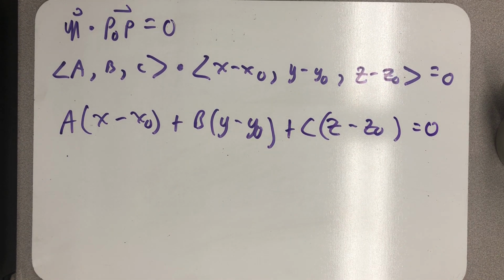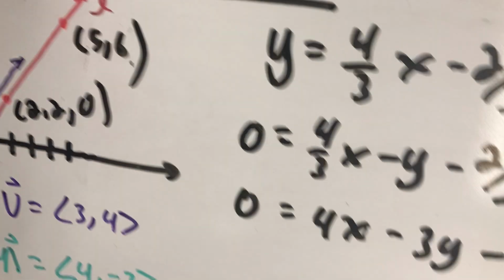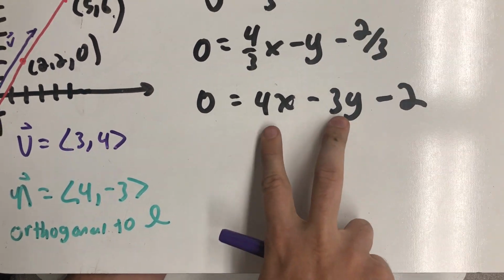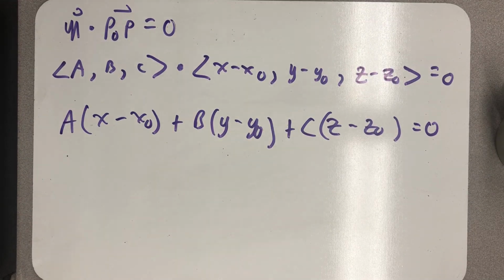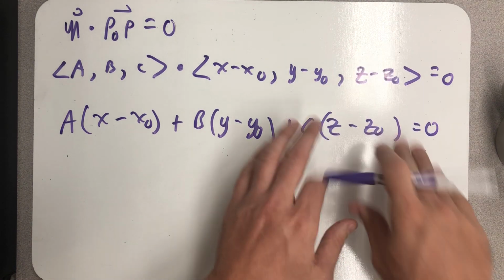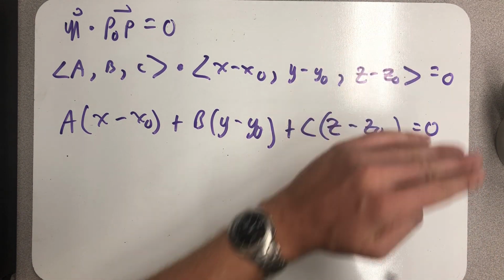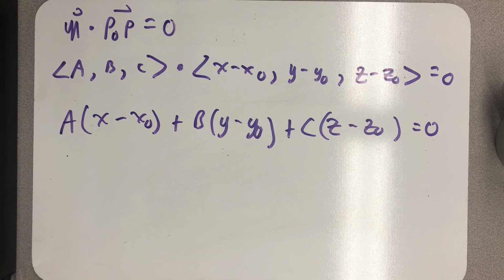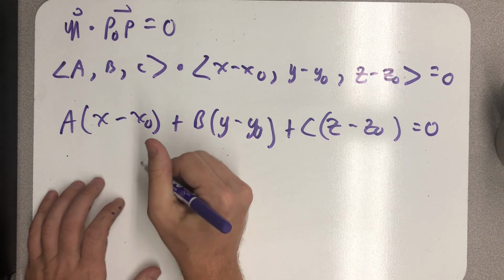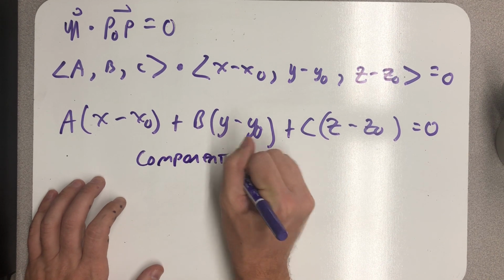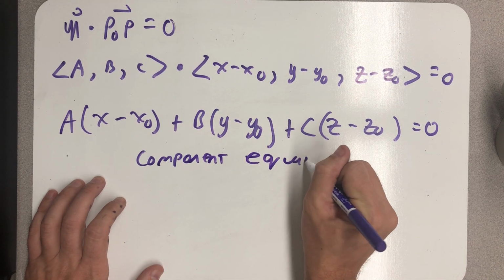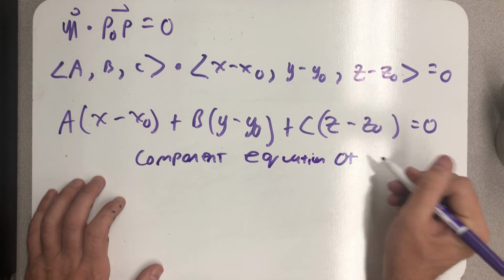And right here, we can pause and realize that this justifies what I claimed about these being the components of a vector normal to my line, because if I just let all the z's be 0, I get that same equation, so in the plane that has to be true as well. This is called the component equation of a plane.